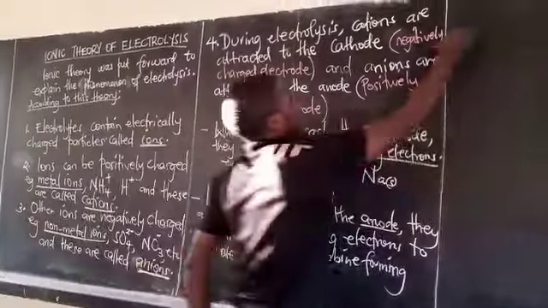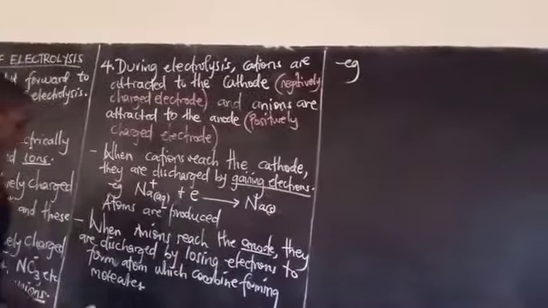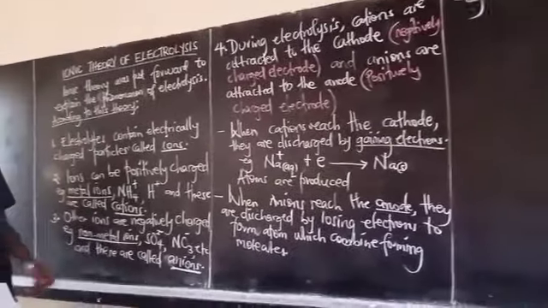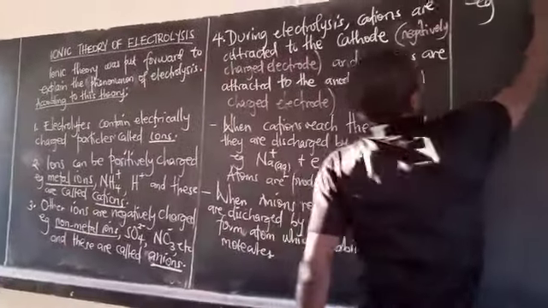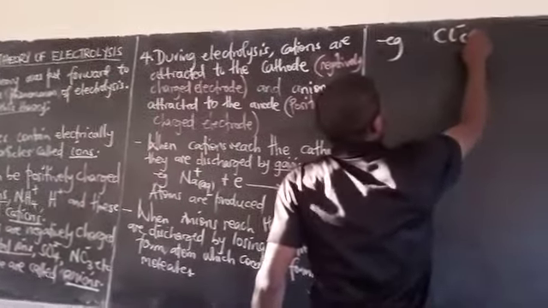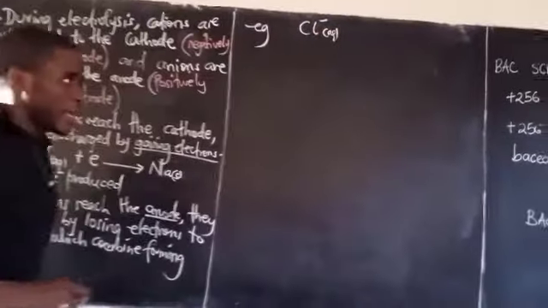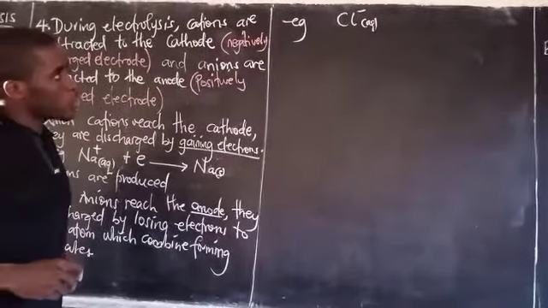For example, consider an anion, chloride, which is in the electrolyte, an electrolyte that is in solution form.